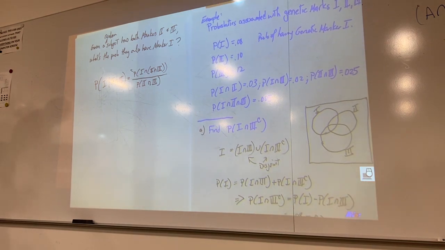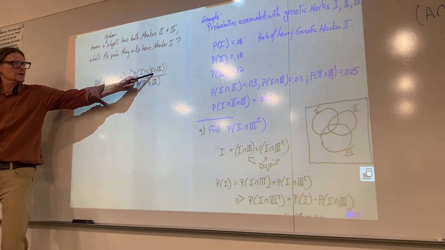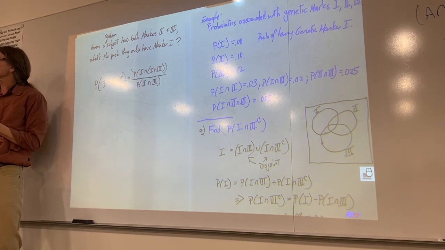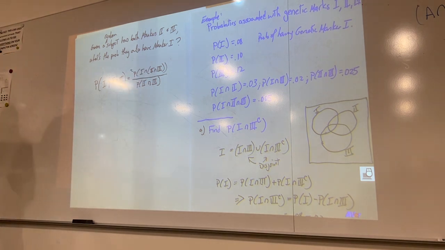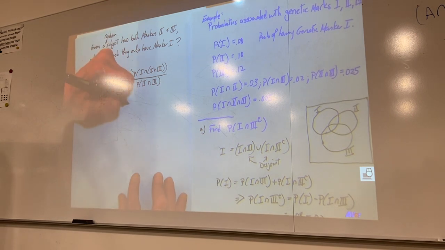Are those original numbers, or numbers we need directly off of there? We do need at least one of them. Do I really need those parentheses, since this is an intersection and that's an intersection? No. So that numerator is the probability of having all 3 markers, which we've got, and the denominator is the probability of having both 2 and 3, which I think we've got too. So that's what I mean by this one comes out fairly nicely.